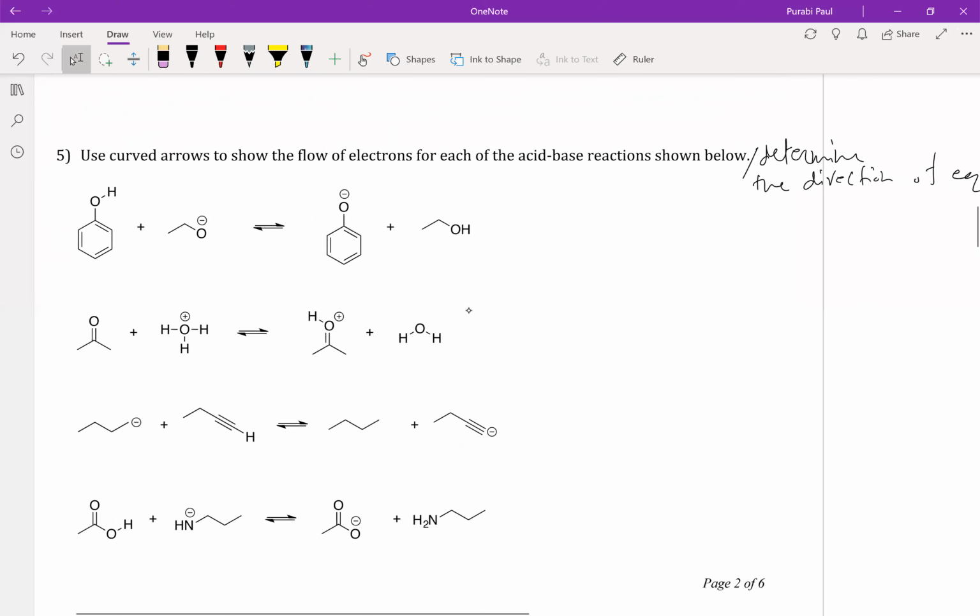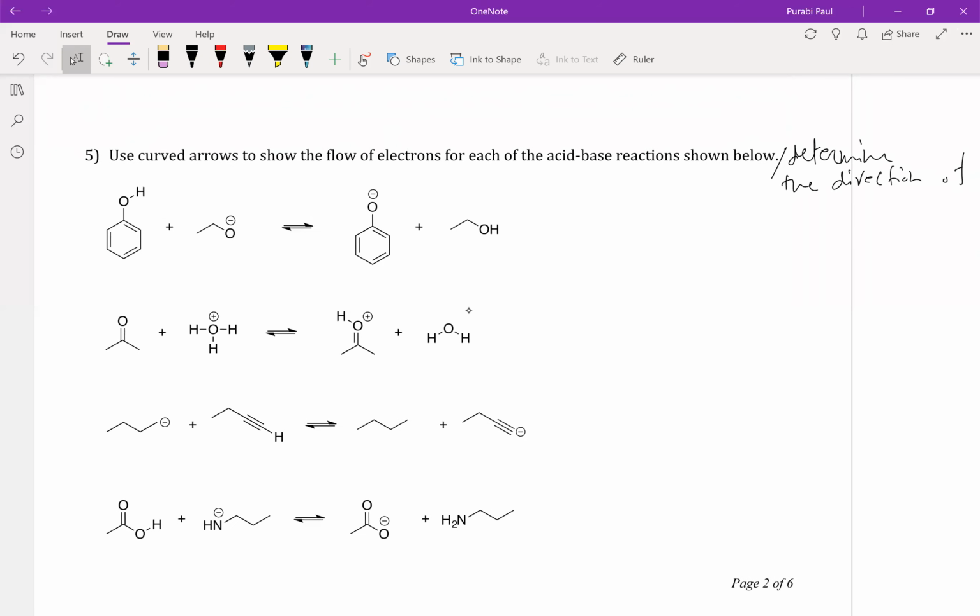Okay, so the first one, you always write your bases typically have negative charge or excess of electrons, and for that reason, this ethoxide here, right? You can imagine this is the sodium ethoxide that I've been seeing a lot this quarter. This is going to be your base, okay?